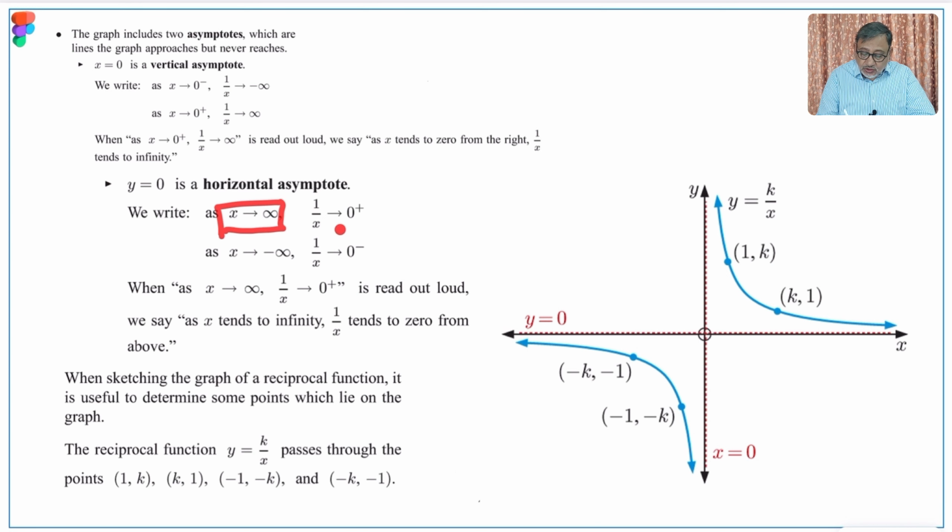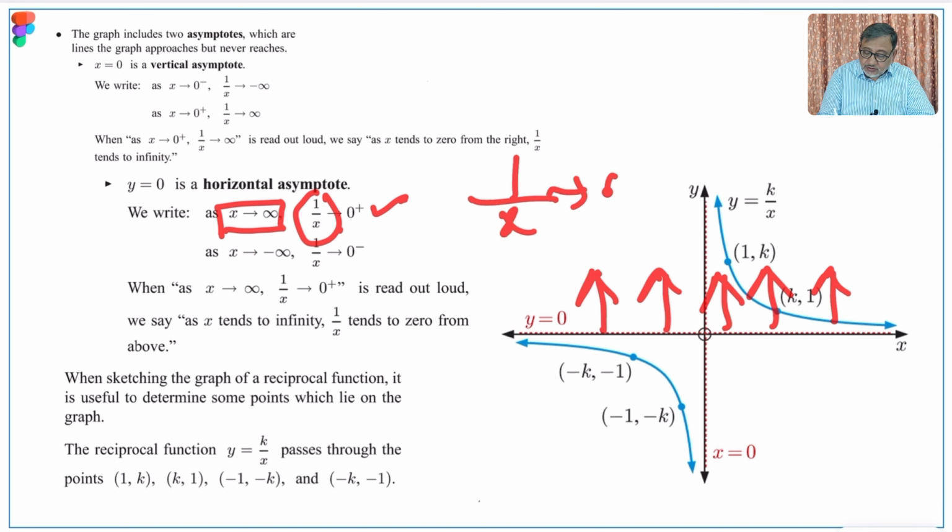So when x tends to infinity, 1 upon x, the whole function, tends to 0 plus, meaning it is to the right of y is equal to 0, above the x axis, on the positive side of y is equal to 0.